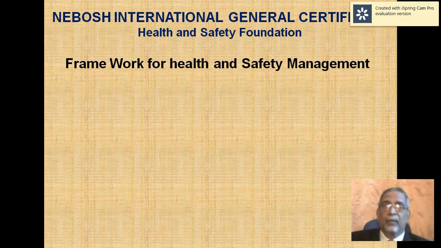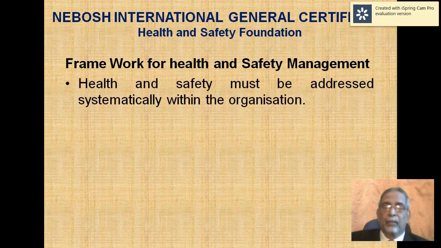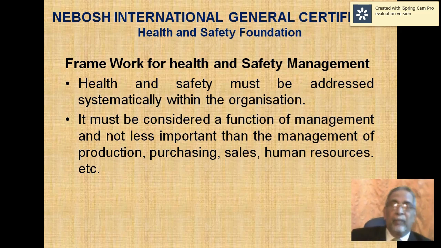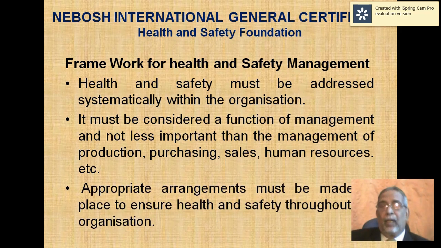Framework for Health and Safety Management. Health and safety must be addressed systematically within the organization. It must be considered a function of management and not less important than the management of production, purchasing, sales, human resources, etc. Appropriate arrangements must be made to ensure health and safety throughout the organization.